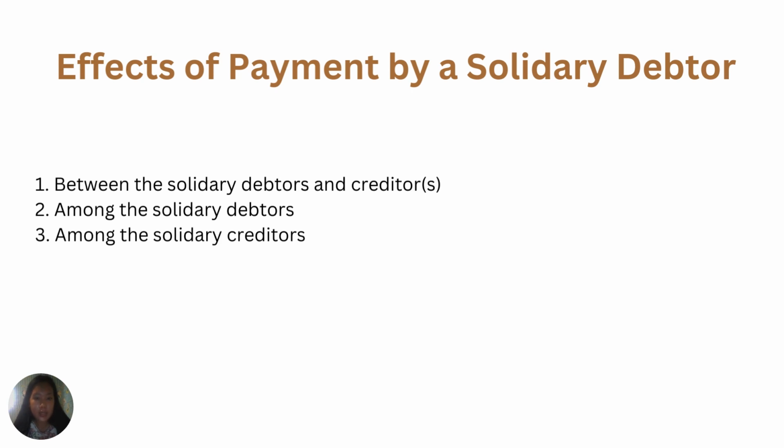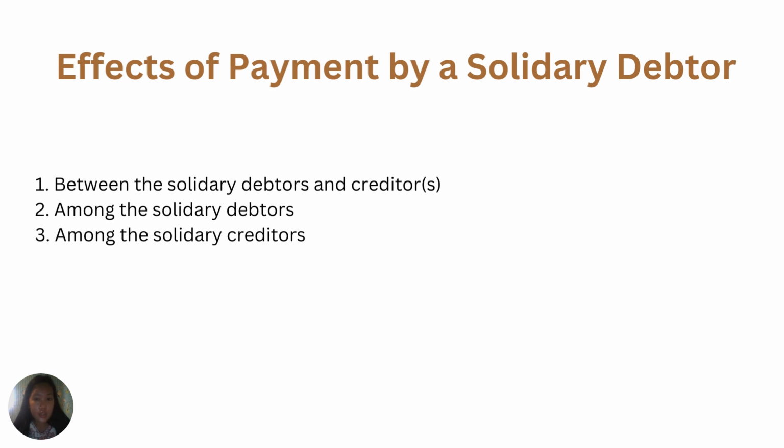Their liability is not based on the original obligation which has been extinguished, but upon the payment made by the co-debtor, which creates a joint obligation of reimbursement on the part of the others. However, in case of insolvency of any of the solidary debtors, the others assume the share of the insolvent one pro rata. Okay? So the third one is among the solidary creditors.